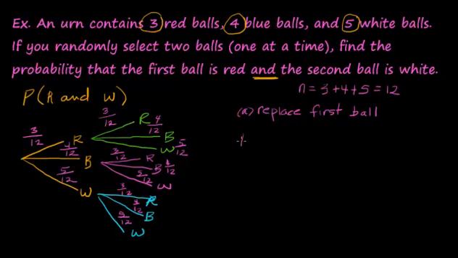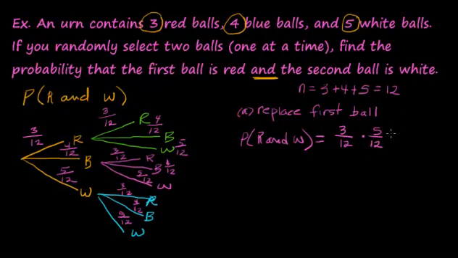So the probability of red and white, as we saw before, we could multiply. So the first ball is red. There was a 3 out of 12 chance that that would happen. The second ball was white, and if we went down the red branch, now white, 5 out of 12.